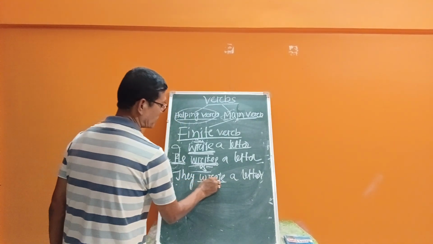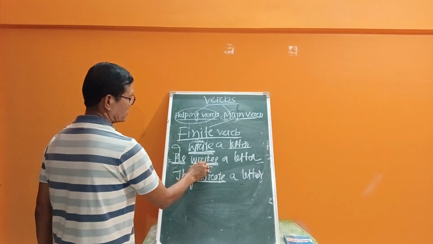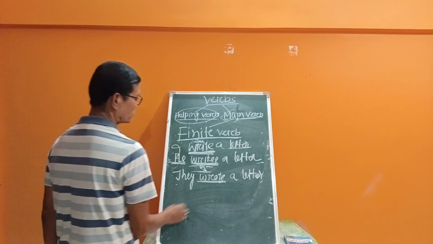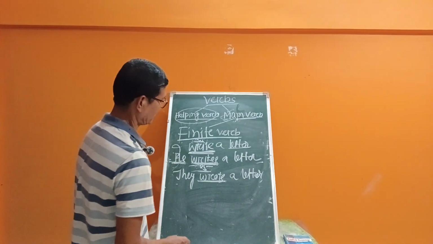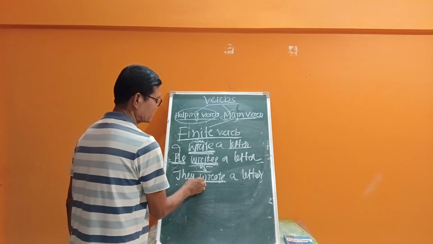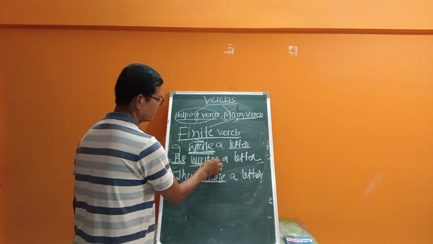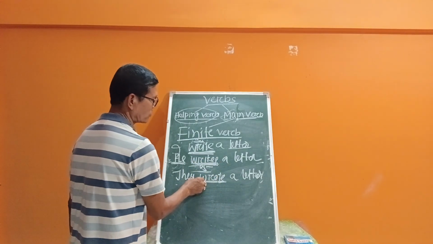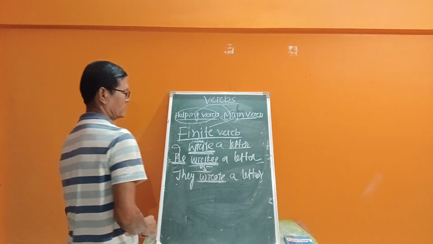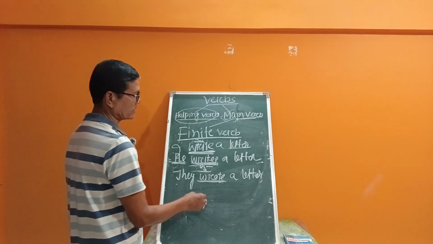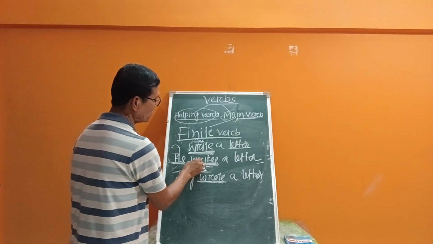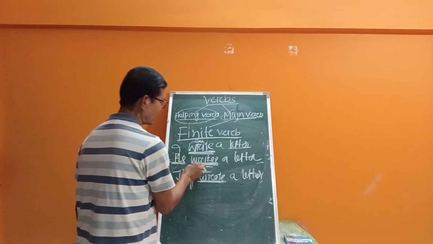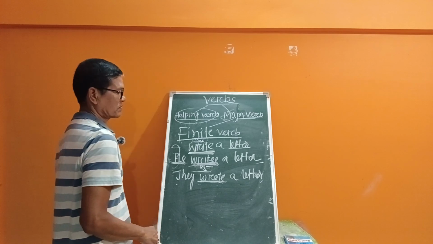That's why the form of the verb will be changed. Here, there is writes, but now it has changed into wrote because we have to change the tense, isn't it? This is the past indefinite, and this is the present indefinite tense, isn't it? Now you have changed into past indefinite. Then the form of the verb has been changed, and you should write wrote in lieu of writes, isn't it?